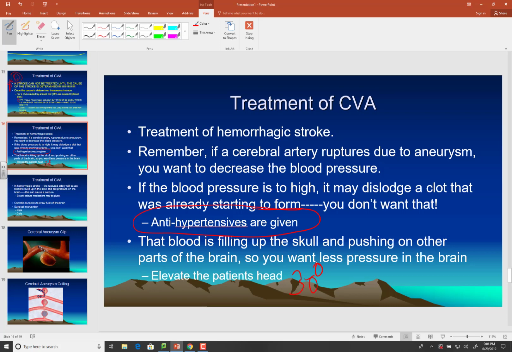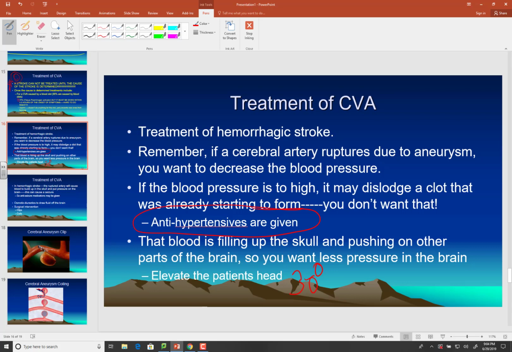And that's what you want. You don't want a lot of blood going to the brain. So you lower the blood pressure, so less arterial pressure is going there, and you lift the head of the bed so that venous blood is not staying in the skull to increase the pressure.